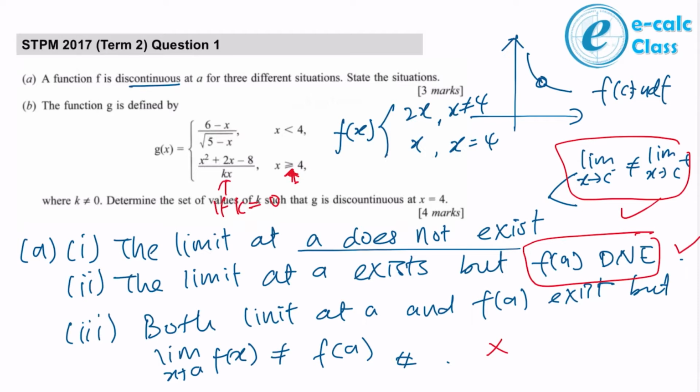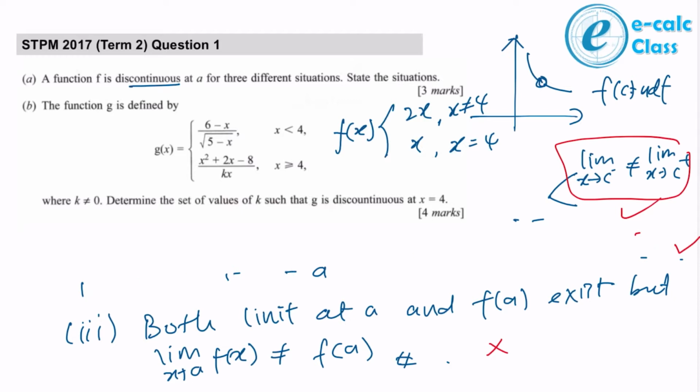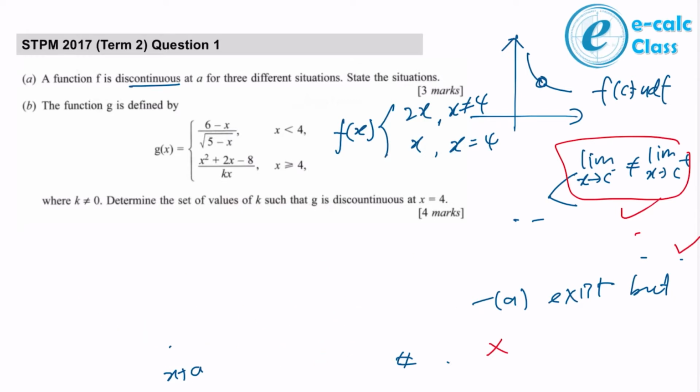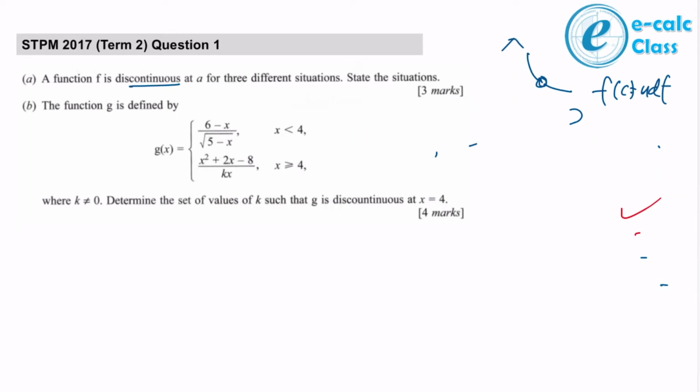Okay, so let me clear this. Just now I already said that k cannot equal 0. Just remember to write that in your final answer. Okay, let me erase. I need the space because I need to look at the function. So your k cannot equal 0.